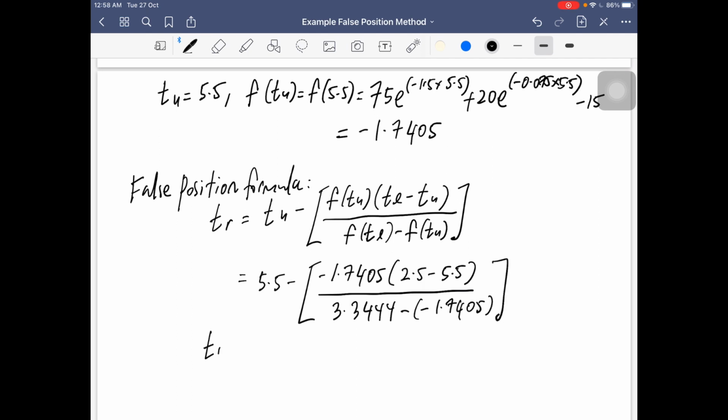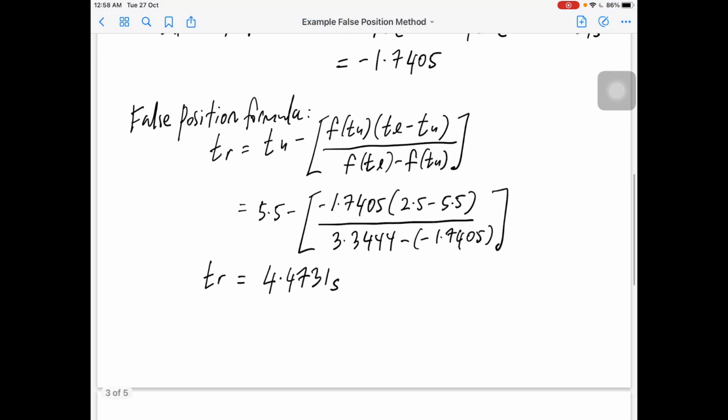If you use your calculator, you should get TR equal to 4.4731 seconds.